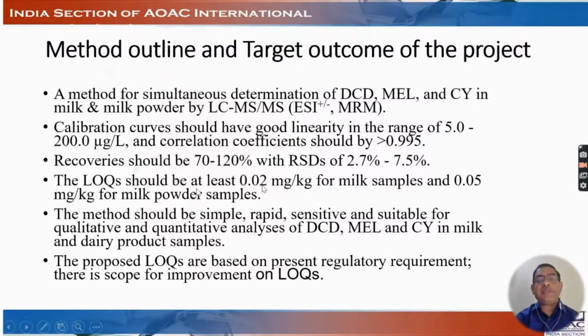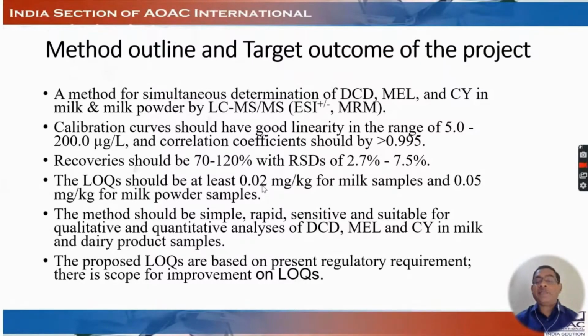The limit of quantification as per the current regulatory requirements is expected to be minimum 0.02 milligram per kilogram for milk samples and 0.05 milligram per kilogram for milk powder samples. The method should be simple, rapid, sensitive, and suitable for qualitative and quantitative analysis of dicyandiamide, melamine, and cyanuric acid, and in a wide range of milk and dairy product samples.